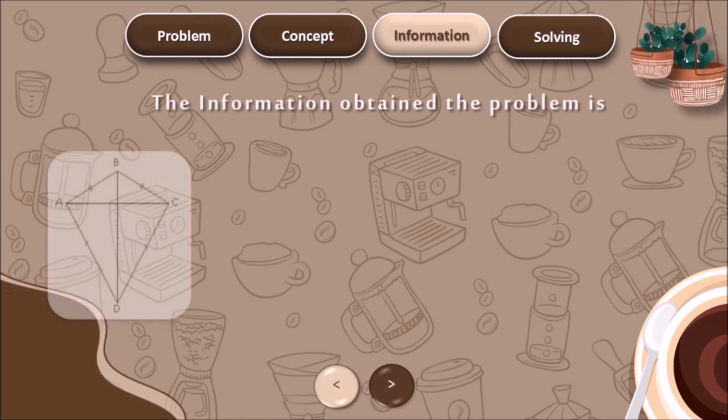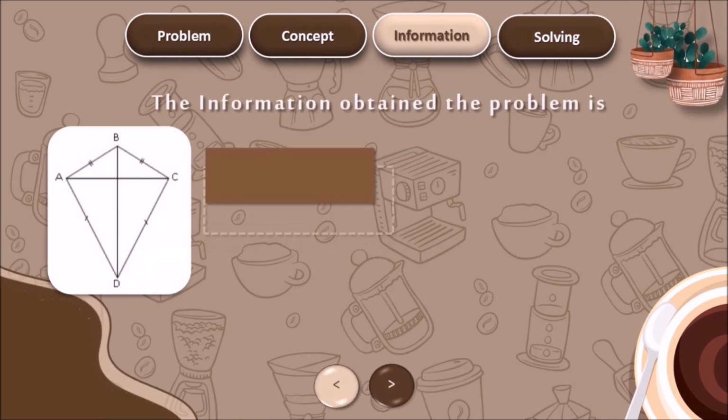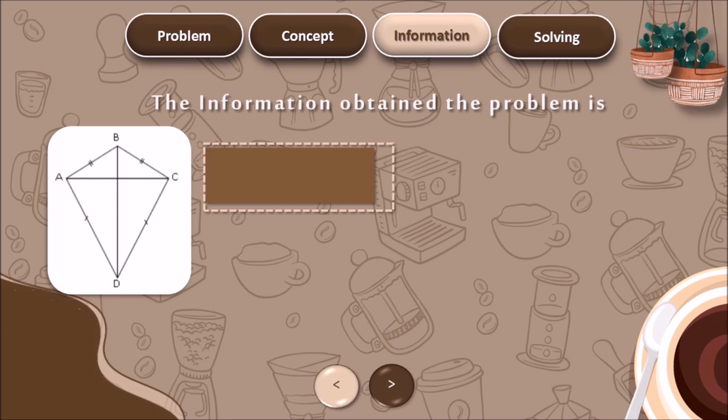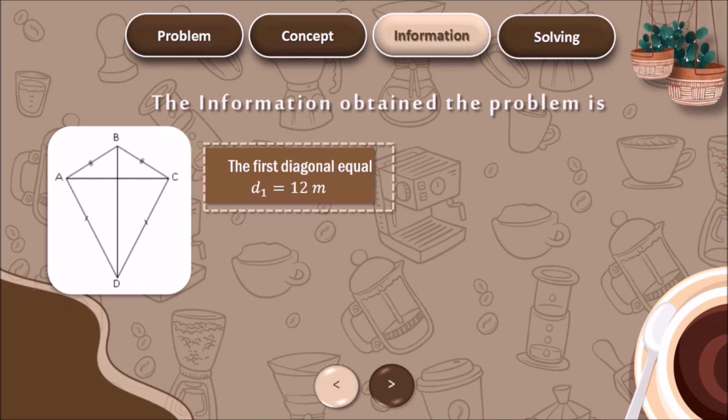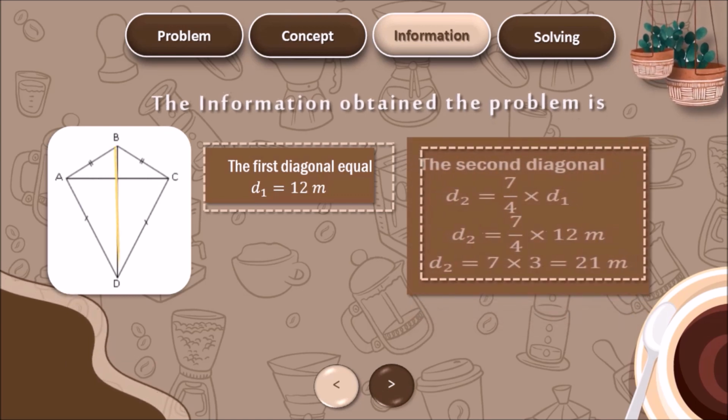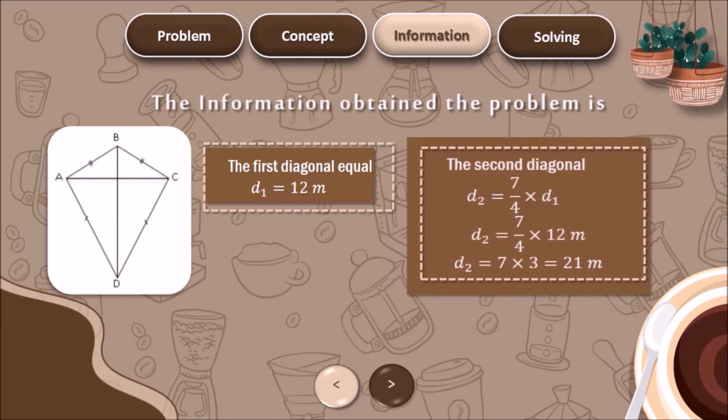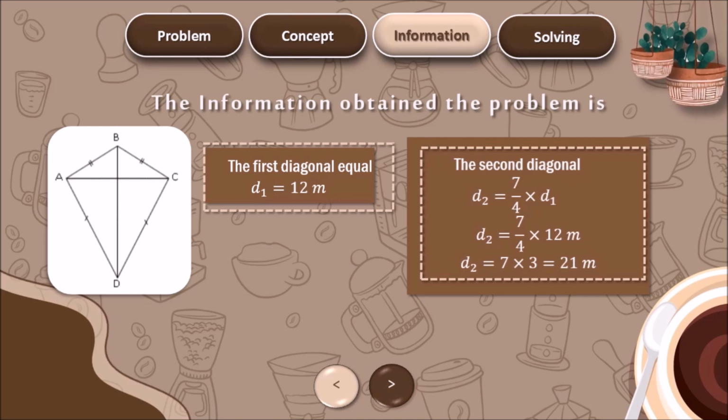The information obtained from the problem is that the diagonals of the kite will be made of bamboo, with the length of the first diagonal equal to 12 meters. And given from the problem, the second diagonal is 7/4 of the first diagonal.